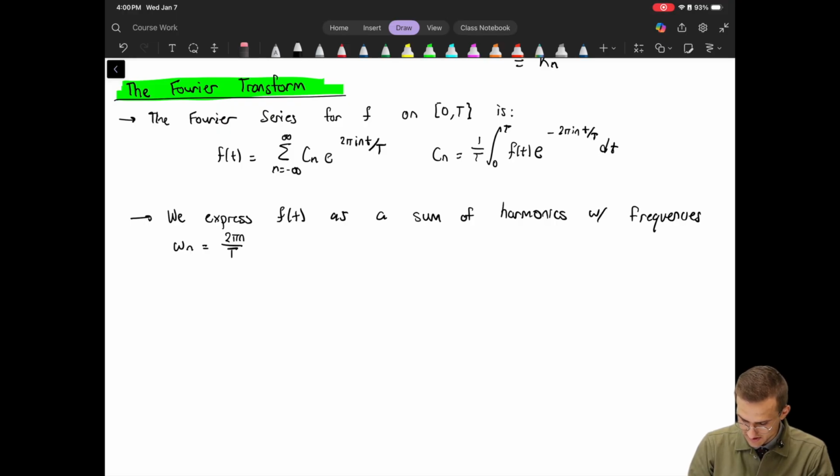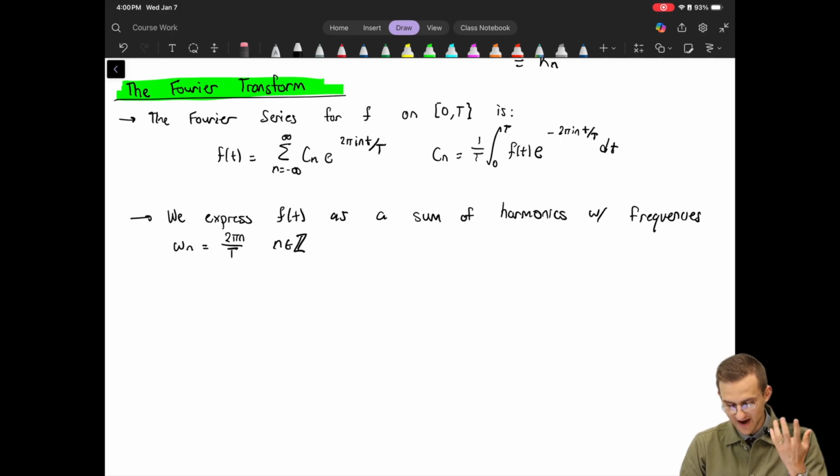We could just sub in that omega n there, with of course some integer n, and it would be like e to the I omega t, like a normal oscillating function.